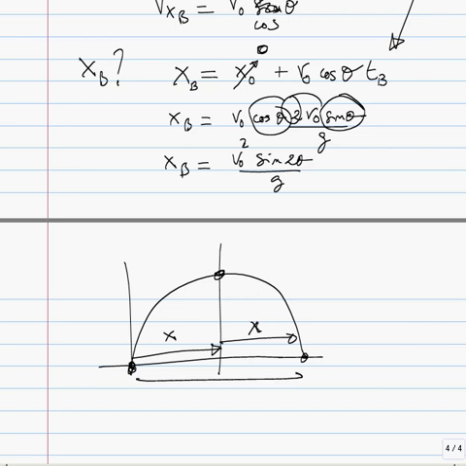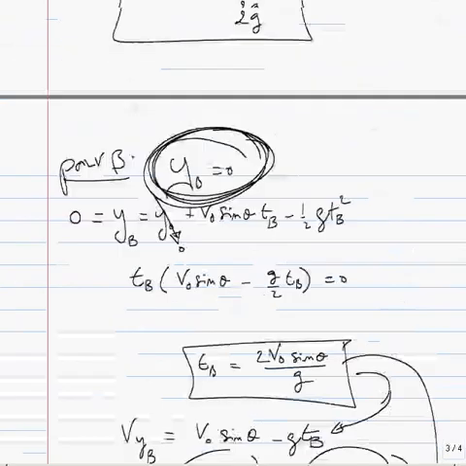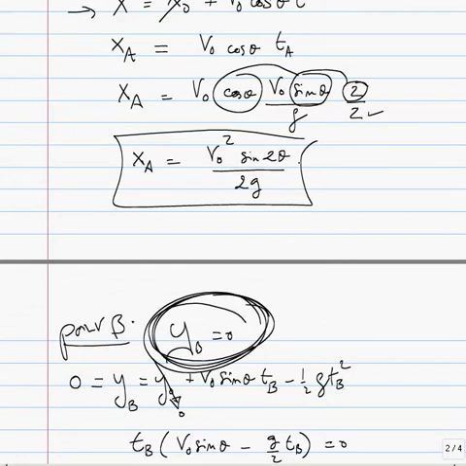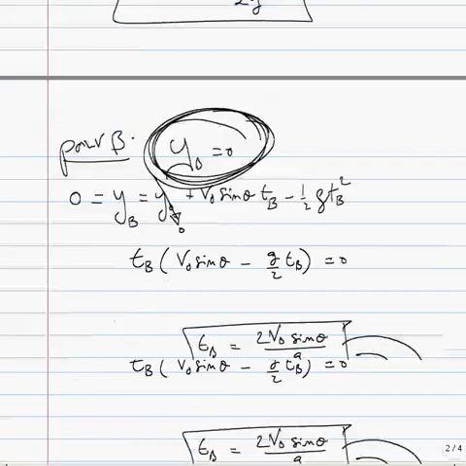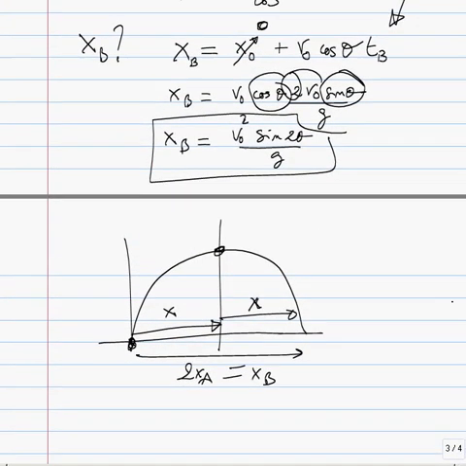Therefore, we expect xb, for this particular case, again, where this is leveled, to be equal to twice xa. Let's go check. xa. Ooh, yeah. V naught squared. Yep. We're just missing a factor of 2. So it's all good.